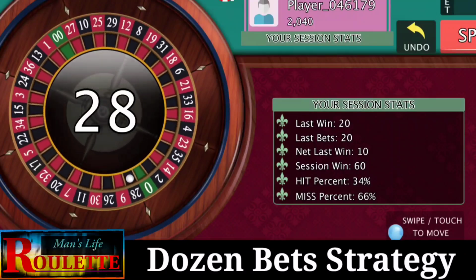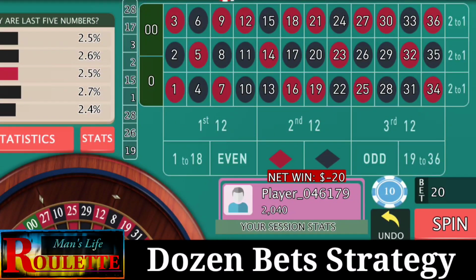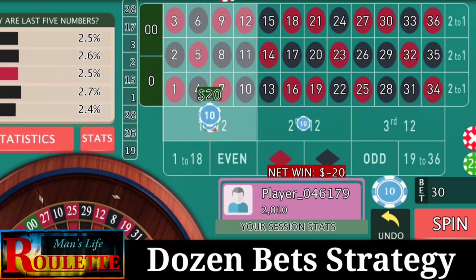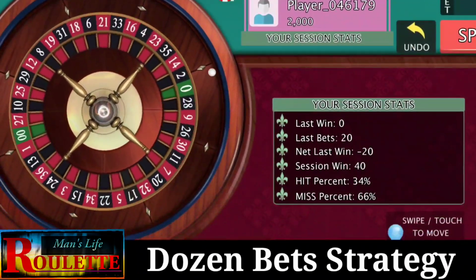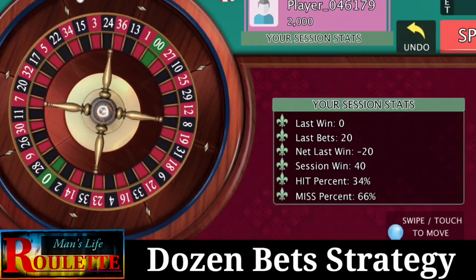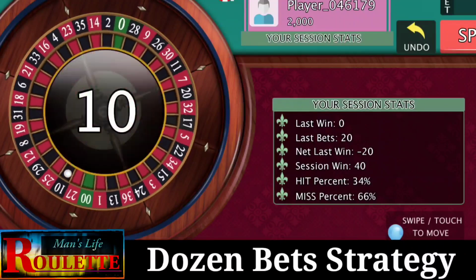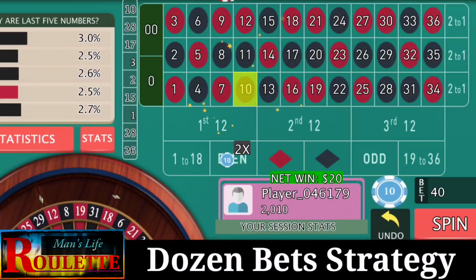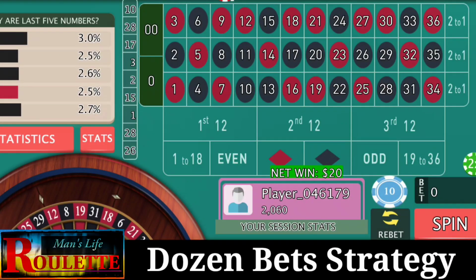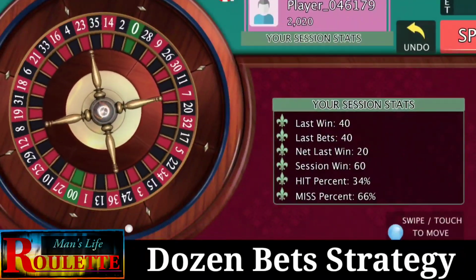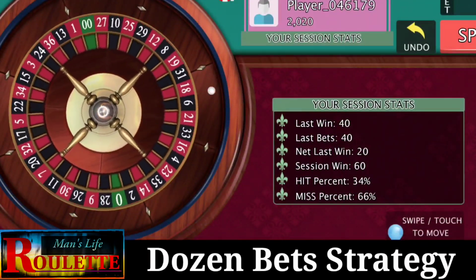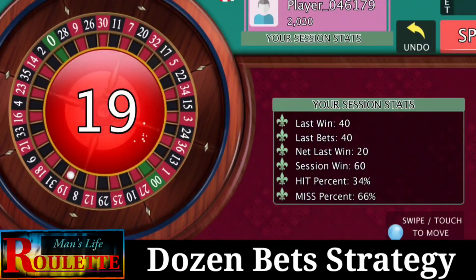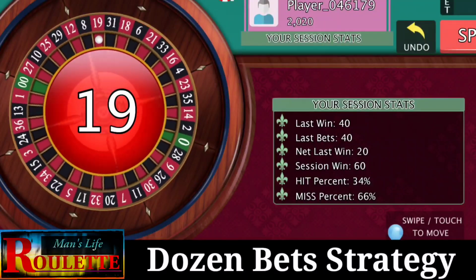So 28 this time. I lose over here, so it's time to repeat and add $10 to both the positions. This is the first loss after a win. Okay, 10. I win over here, but I haven't crossed the previous high, so just repeat and play. $19 this time, and it's a win.